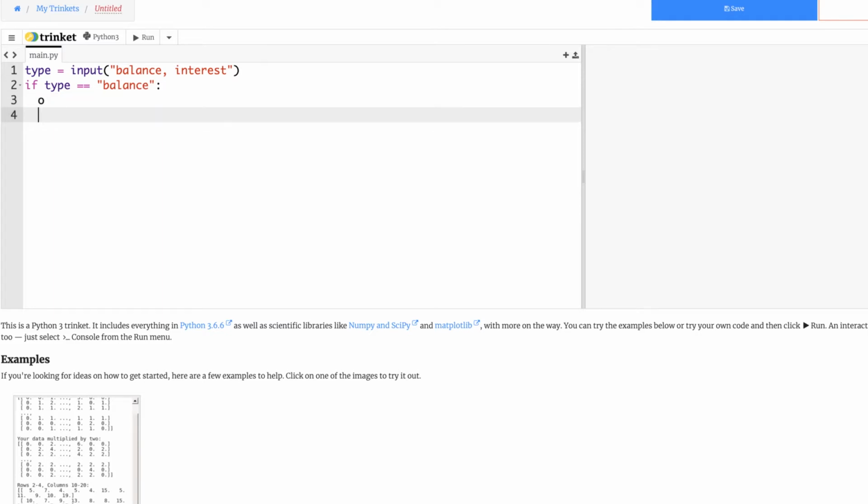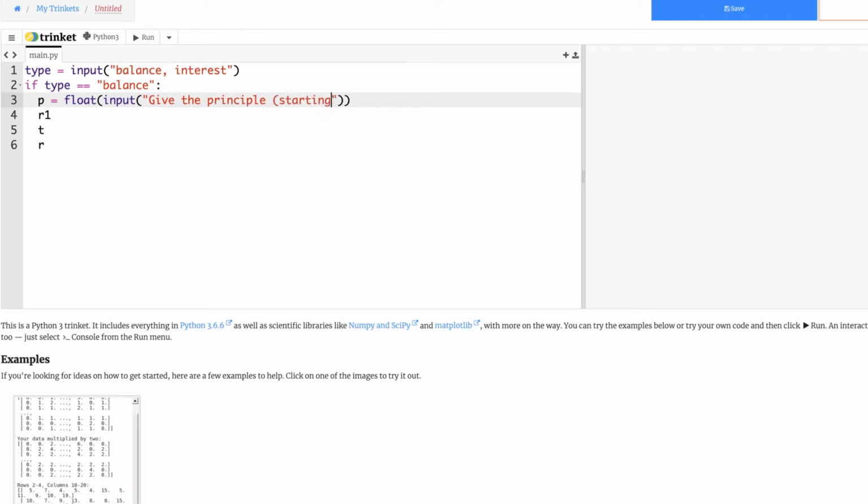In that case, now we'll be writing a few variables: P, R1, T, R. So let's begin. P is the principal or the starting amount. So we'll write input, then say give the principal starting amount. Now for R1.